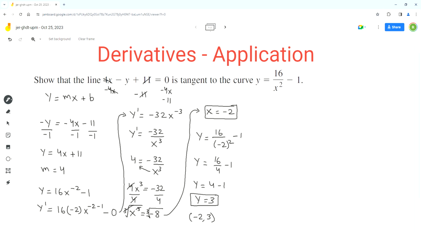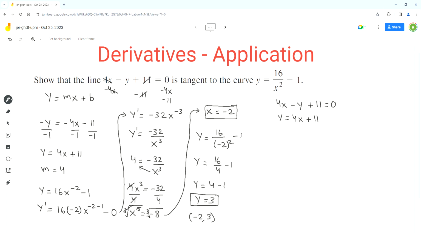Now we have to check whether this is a point of intersection between the line and the curve. So for that, we'll analyze the two given equations. So we have 4x minus y plus 11 equals 0 as the equation of the line, and we had changed it to y equals 4x plus 11 in the slope intercept form.